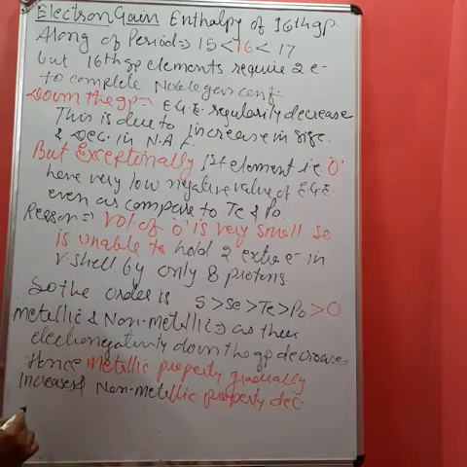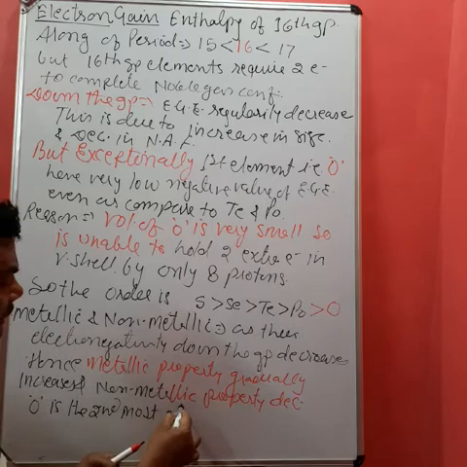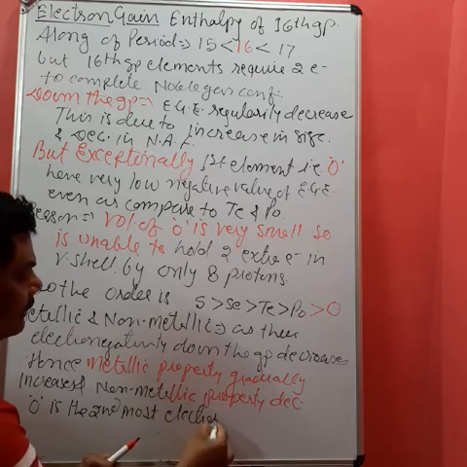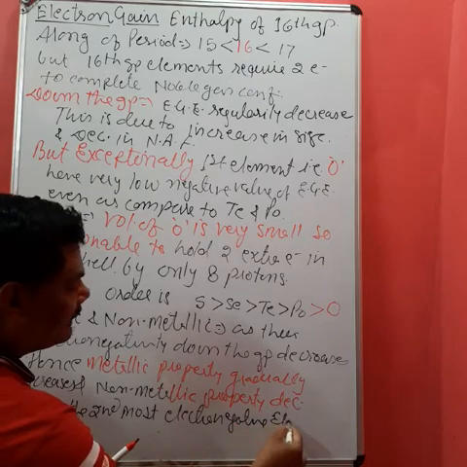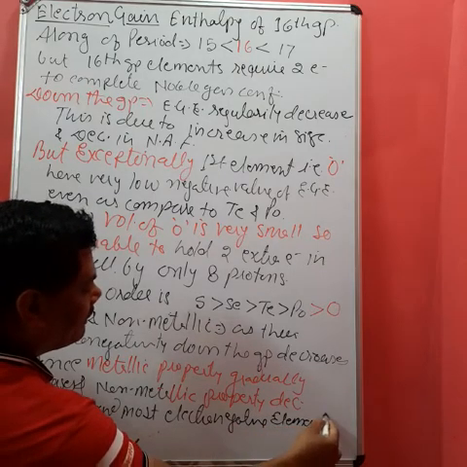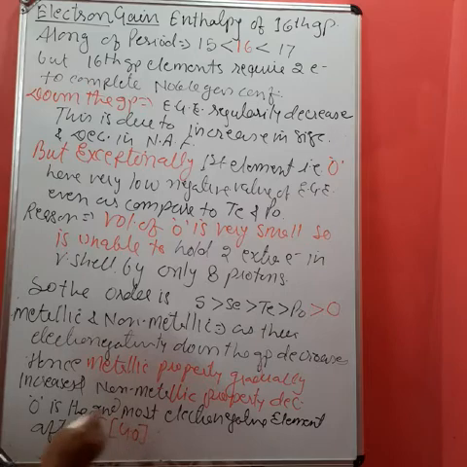In fact, oxygen is the second most electronegative element, after fluorine, which is the most electronegative, 4.0.